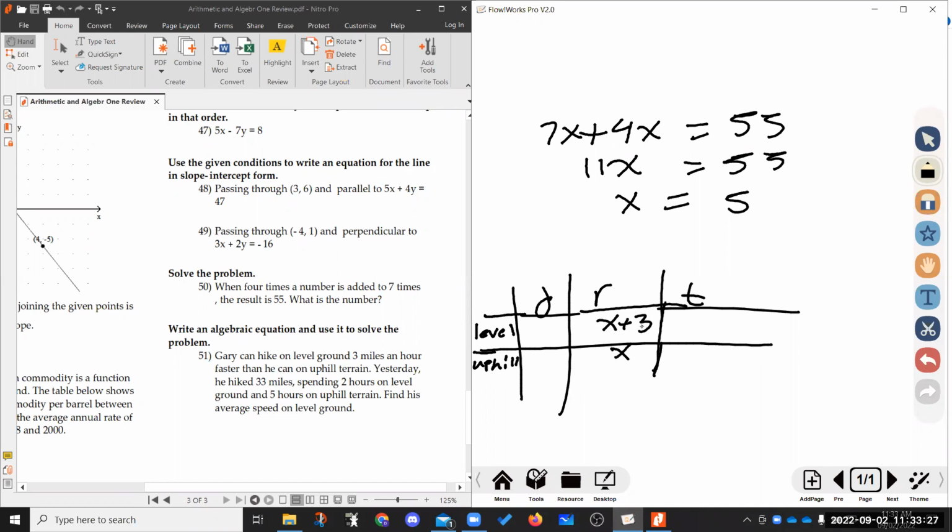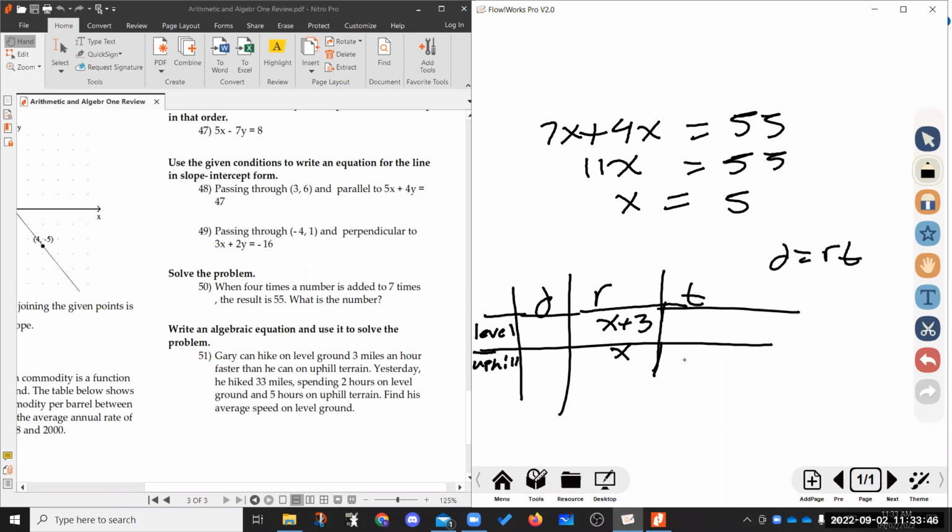Okay, 3 miles an hour faster. Yesterday he hiked. There's my formula I'm going to be using. Yesterday he hiked 33 miles, spending 2 hours on level ground and 5 hours on uphill terrain.